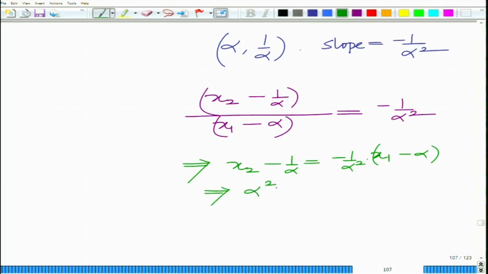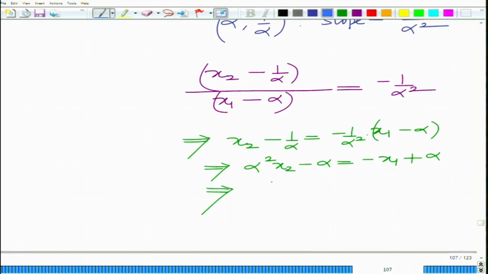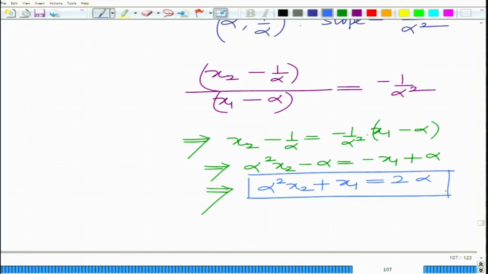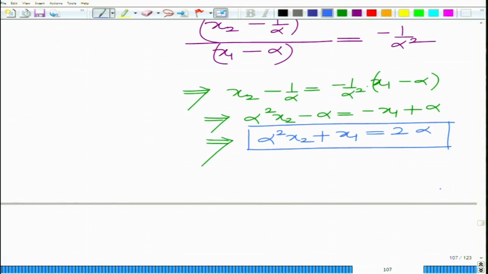This implies alpha square x2 minus alpha equals minus x1 plus alpha, which implies alpha square x2 plus x1 equals 2 alpha. Okay.